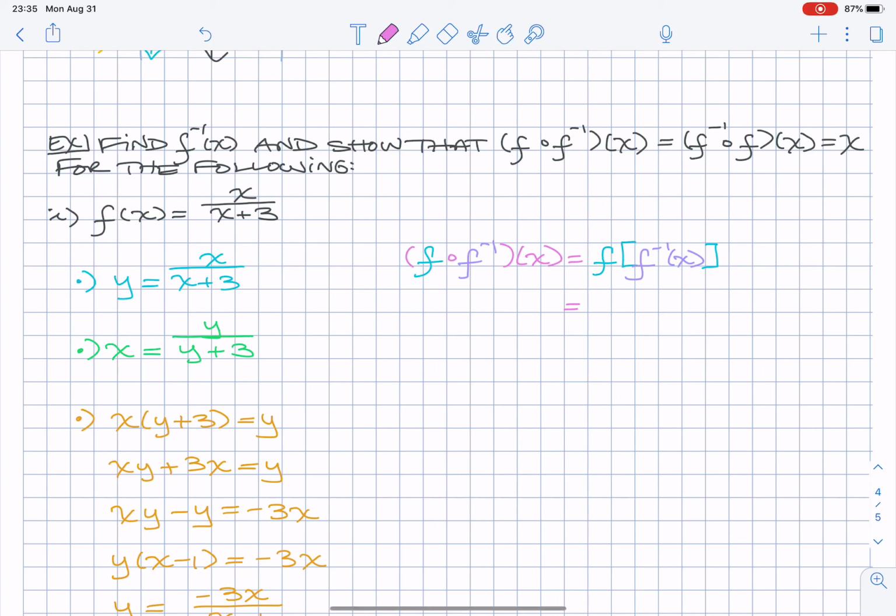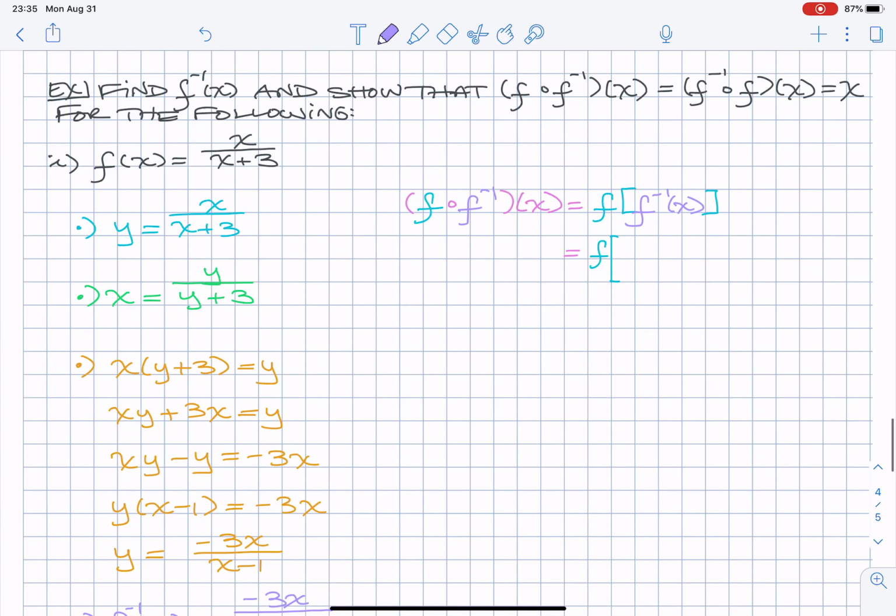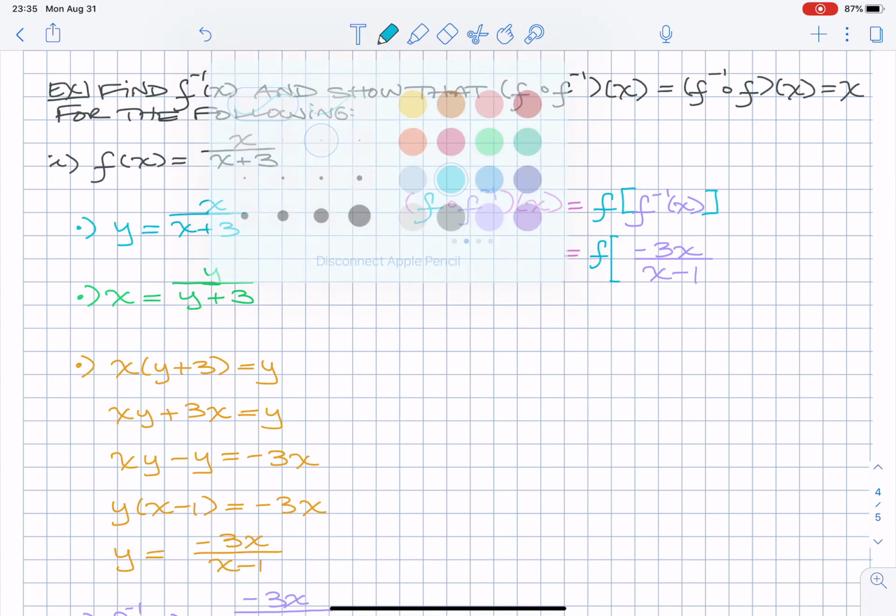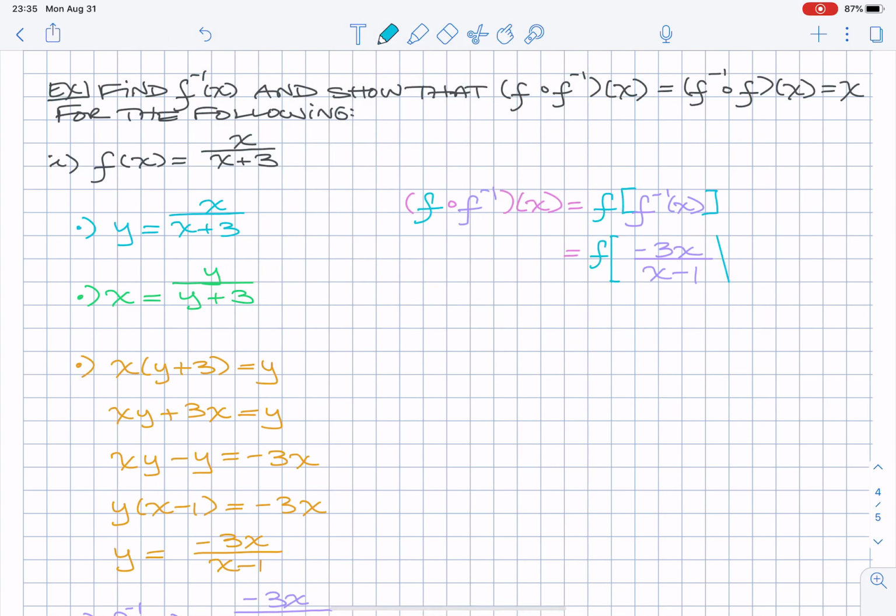Okay, so into the function f, I'm plugging the function negative 3x divided by x minus 1. So wherever I see an x in the function f of x, that's what I'm replacing it with.